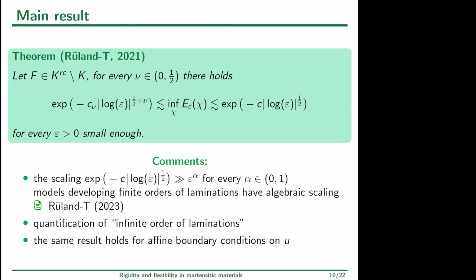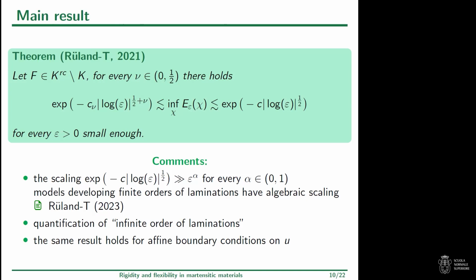Models which develop a finite order of oscillations that have been proved so far had algebraic scaling. So this is really hinting that to go to the ground state, you need an infinite order of oscillations, not only finite.